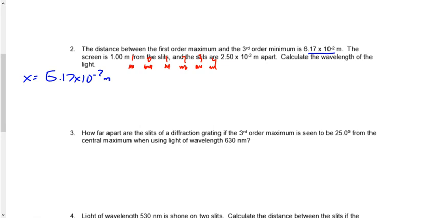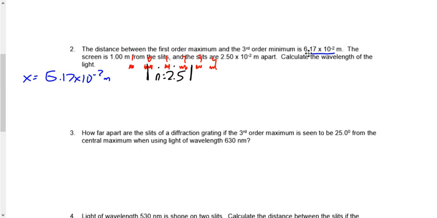We're looking for central maximum and third order minimum. 1, 2, third order minimum. What's n going to be equal to? Not 1.5. Central max to third min, or you could think of the third min as the 2.5 max. We'd say n is 2.5.